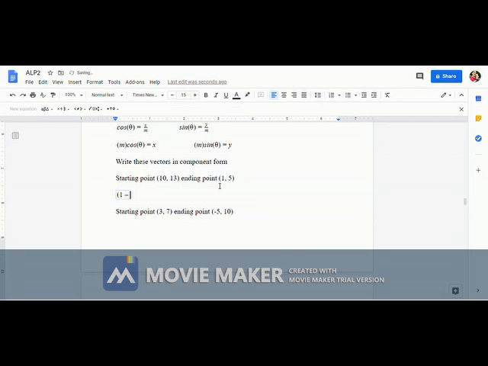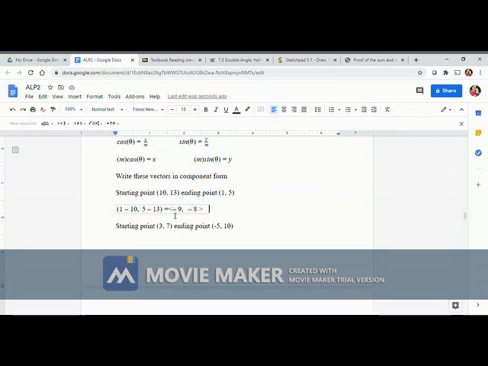So it's going to be 1 minus 10 for the x, and 5 minus 13 for the y coordinate. Okay, and then vectors in component form are typically written with these pointy brackets. So that's going to be -9 and -8 for that vector. Okay, and now you've written it in component form. It's as simple as that.